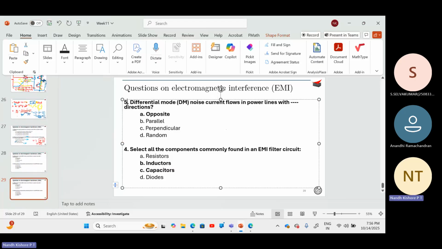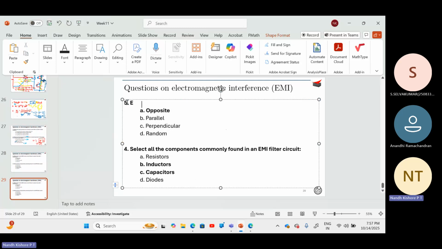Okay. So the fifth question is also simple. EMI noise is measured through dash: multimeter, oscilloscope, LISN. What is LISN? Can you tell what is the full form?